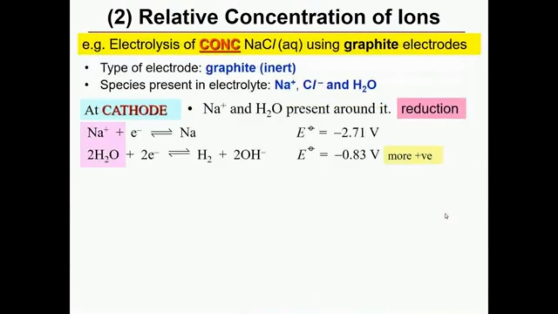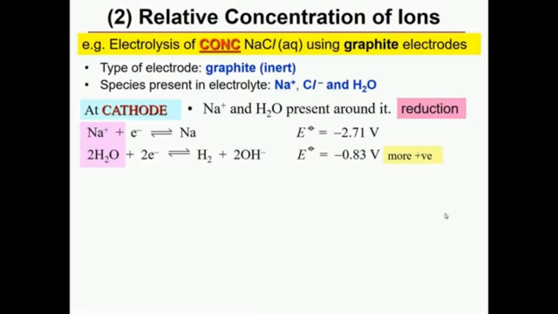Take, for example, the electrolysis of concentrated sodium chloride using graphite electrodes. Graphite is an inert electrode, so it will not participate in a reaction. The species present in the electrolyte will be Na+, Cl-, as well as water. At the cathode, the species present around it will be Na+, cation, and water.